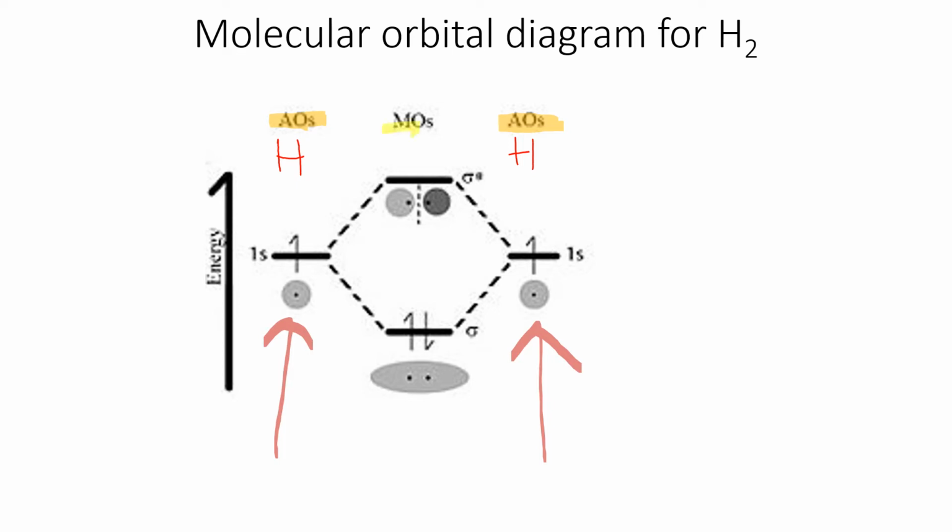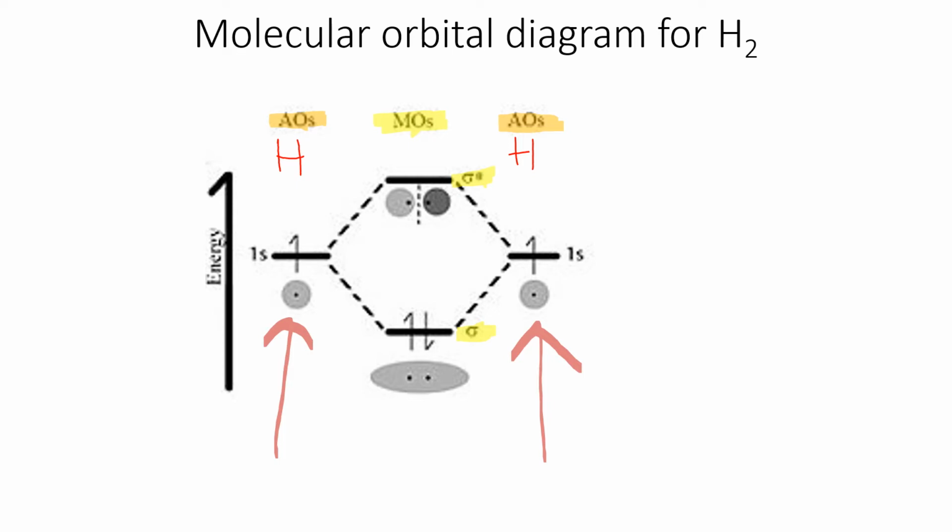MO stands for molecular orbitals. One is lower in energy. That would be a sigma bonding orbital. And there's one that's higher in energy. That would be the anti-bonding orbital that comes from the destructive interference. That's the sigma star anti-bonding orbital.